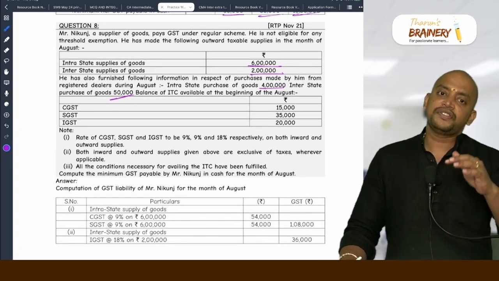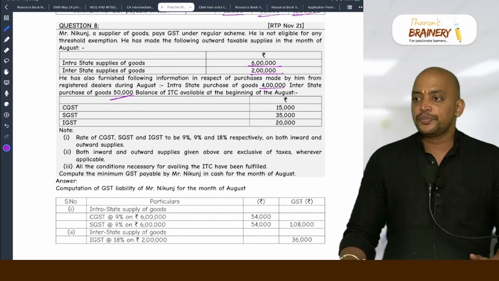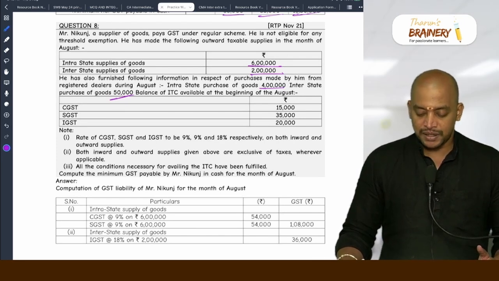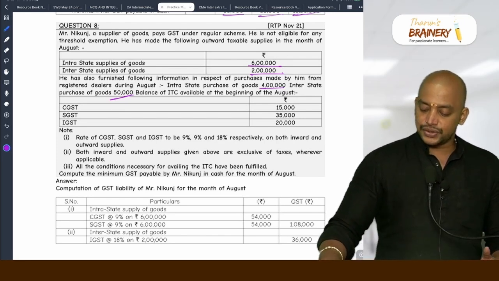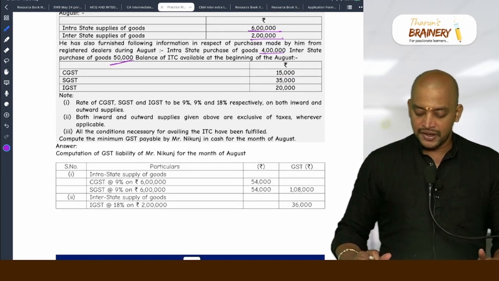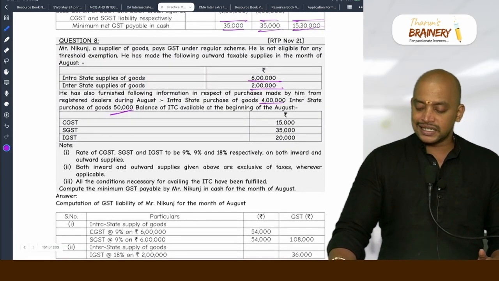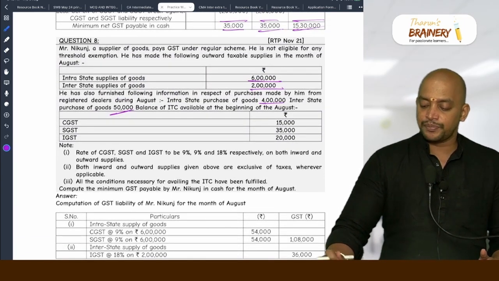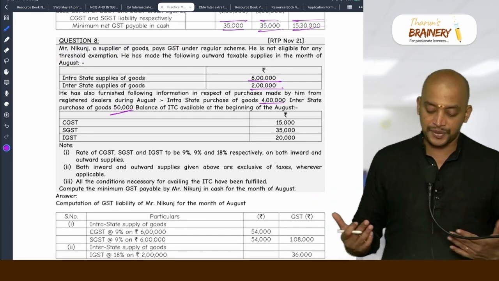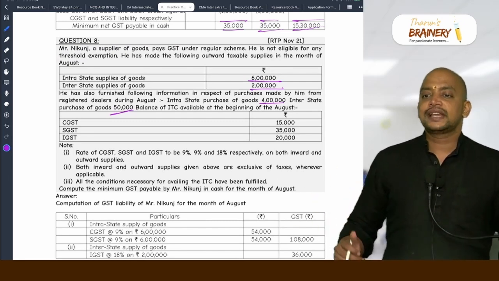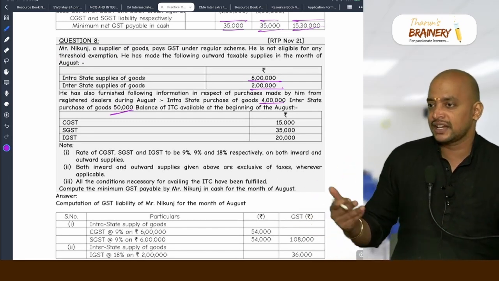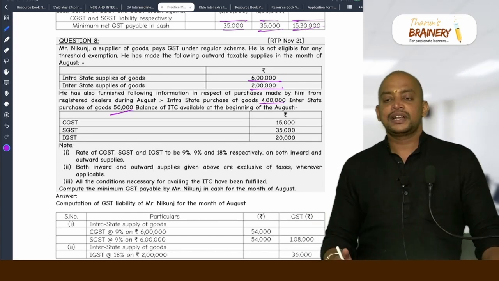So first we will prepare statement 1, computation of gross GST payable. So intra 6 lakhs, so 6 lakhs into 9%, 54,000 CGST, 54,000 SGST, and interstate 2 lakh into 18%, 36,000 IGST. Then we have second statement, we don't have anything, RCM. Third statement, ITC.